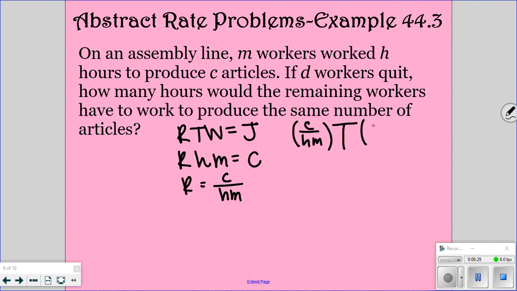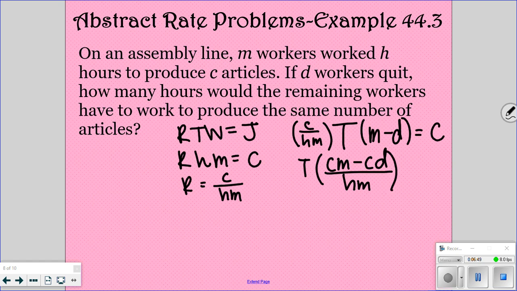Our workers, we started with M, and now we have D fewer, so M minus D. And then the articles are C. So if I distribute here, I would have CM minus CD over HM, because you're multiplying here, so this is over 1: C times the M minus D, and then HM times the 1.